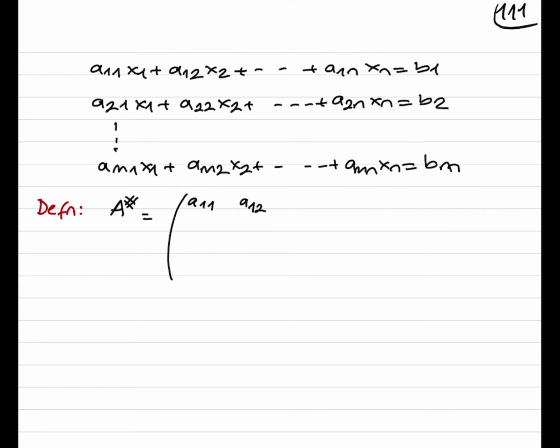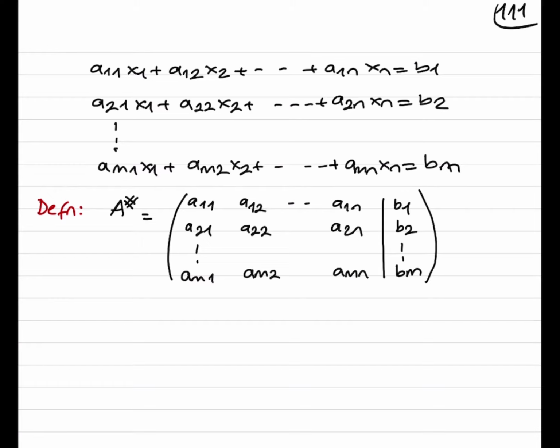So a12, a1n, a21, a22, a2n, and am2, amn. So we write the coefficient matrix, and next to it we will write b1, b2, bm. So this matrix is called the augmented matrix of the system.